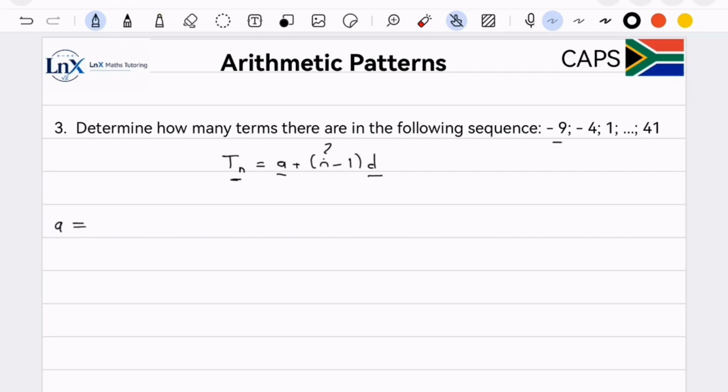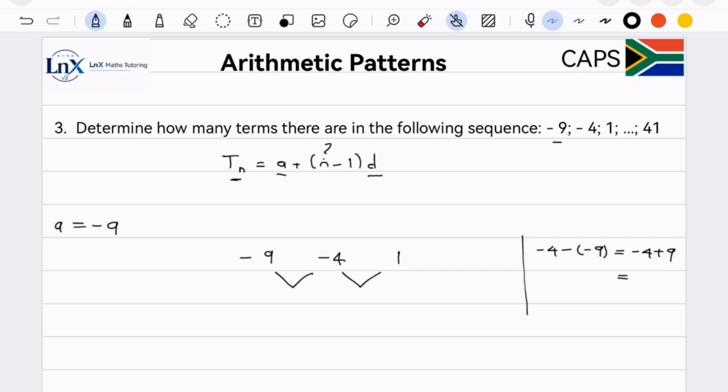All right. So we know our first term is -9, right? Let's find our common difference. So -9, -4, and then 1, right? So now the difference here will be basically -4 minus (-9). So that's -4 plus 9.